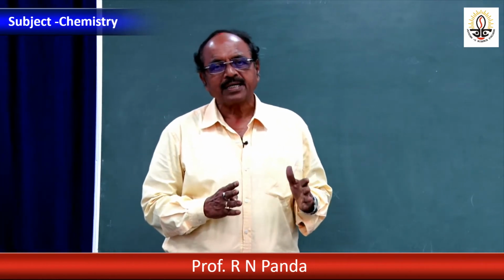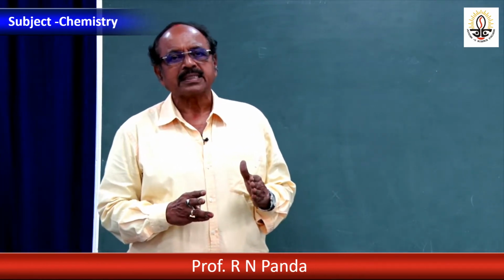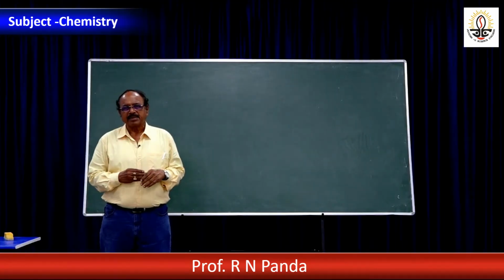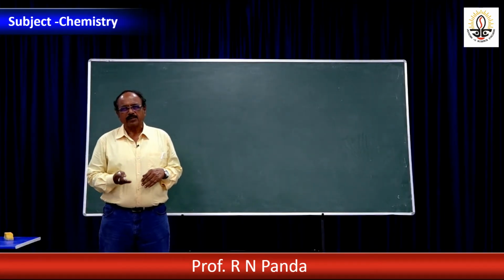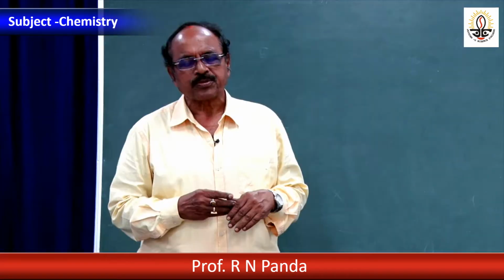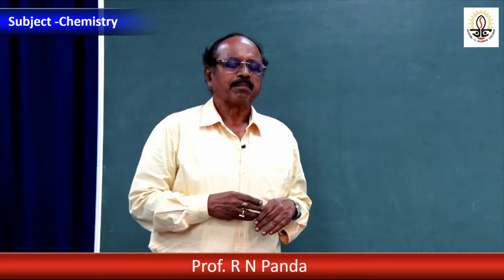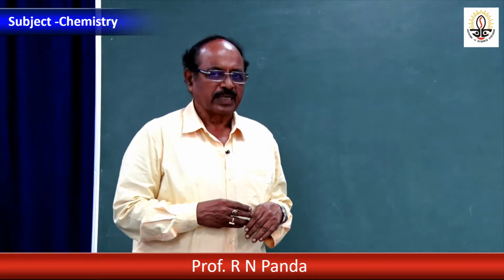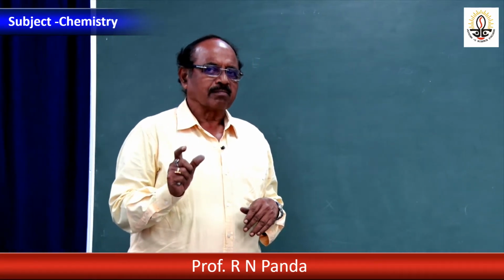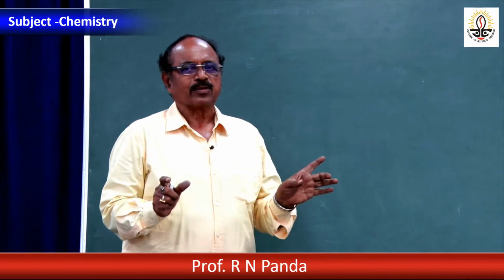So, we have defined equivalent mass. The equivalent mass is defined as the number of parts by mass of the element which can combine with 1.008 parts of hydrogen, 8 parts by mass of oxygen, 35.5 parts by mass of chlorine. So, one hydrogen atom means one equivalent.